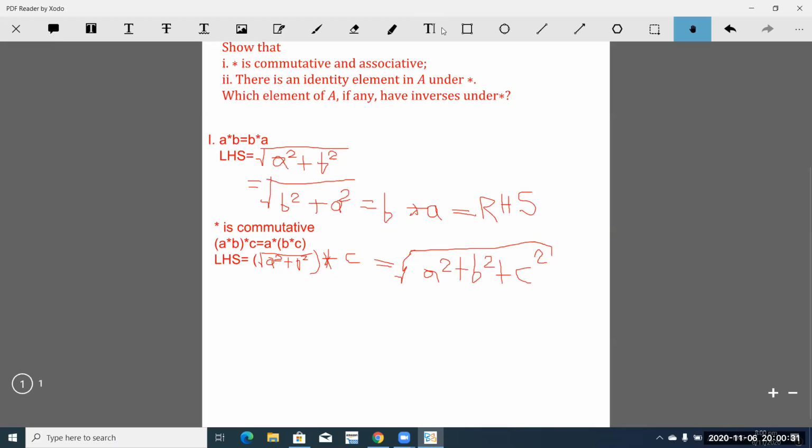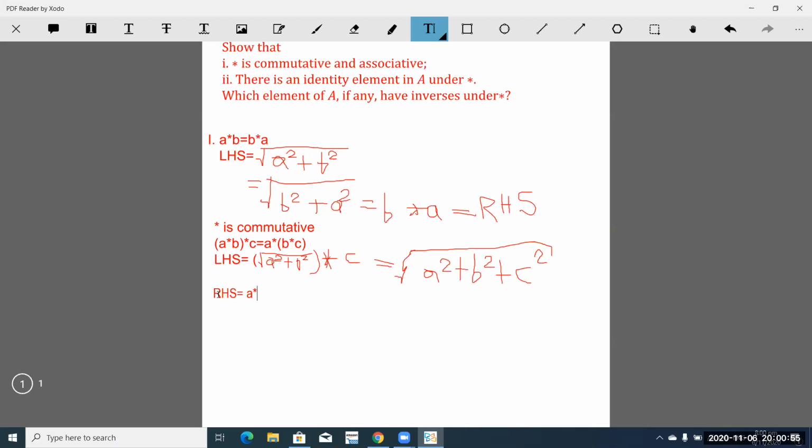Now, the right-hand side. What are we going to do for the right-hand side? We just need to show now a star (b star c).